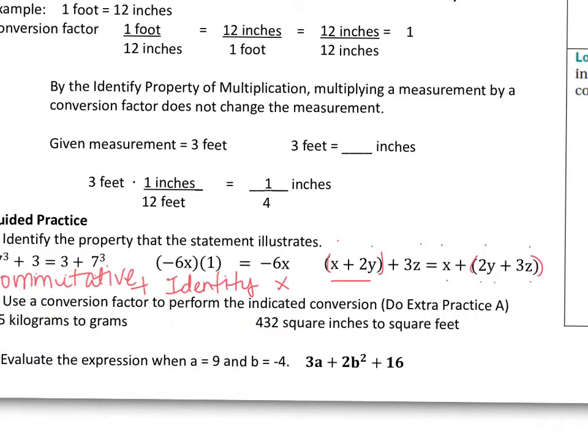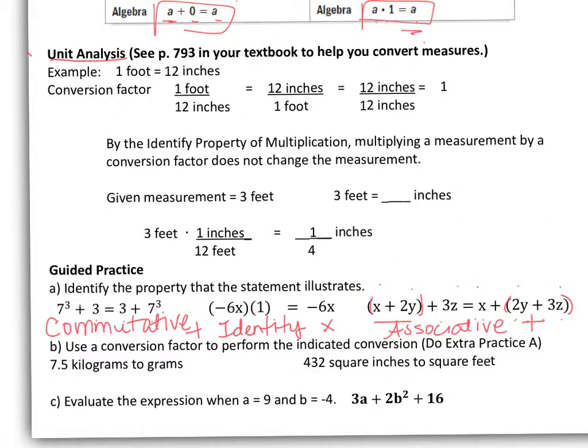So since there is regrouping involved, we call this the associative property of addition. You do not need to write the word property.